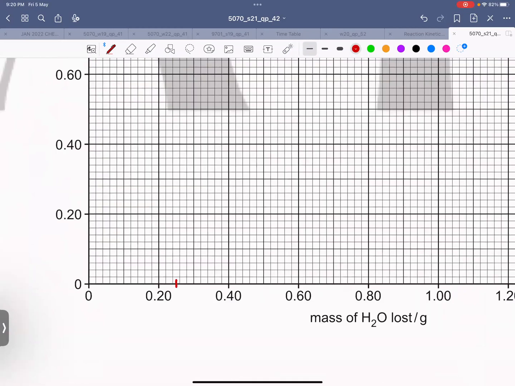So 0.25 must be this one because here it's 0.30. And this is 0.30. So I have to figure it out. 0.27 must be over here, and remember, always put a cross. So this is the point over here.